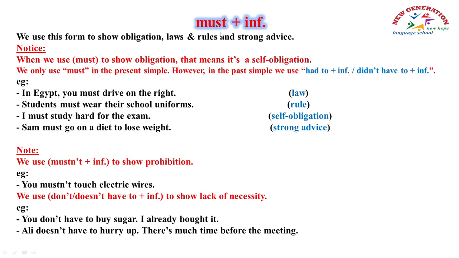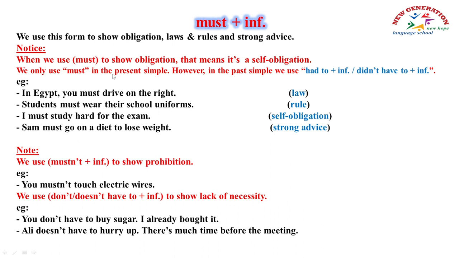Another way, must plus infinitive, another modal. We use this form to show obligation again, laws and rules, strong advice. But when we use must to show obligation, that means it's a self-obligation. Someone feels obliged towards something.